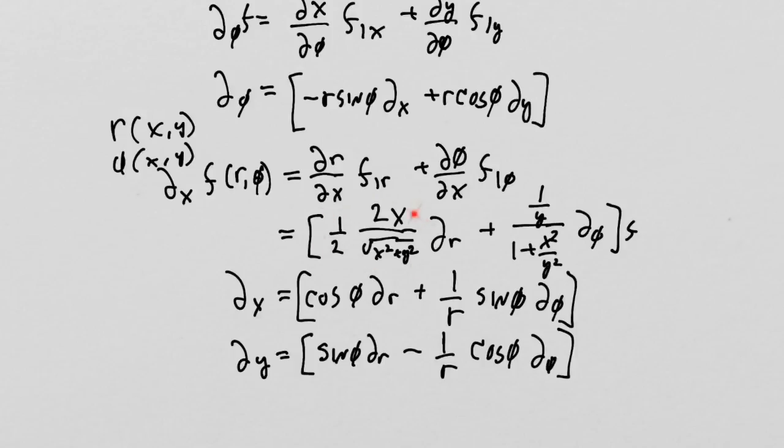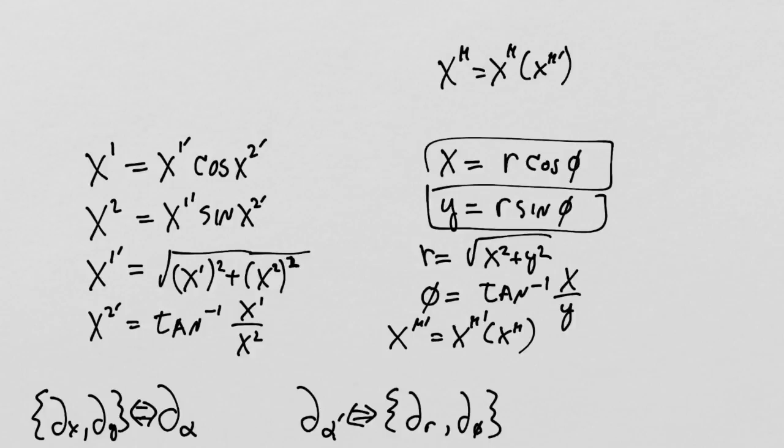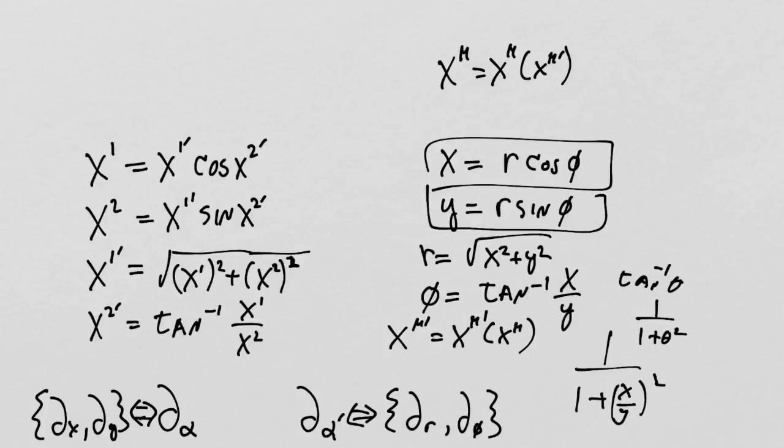They're a little more complicated than the other ones, right? This is just an algebraic expression. Phi is the inverse tangent of x over y. So you have to know how to take the derivative of the inverse tangent, which if you remember is 1 over 1 plus z squared.